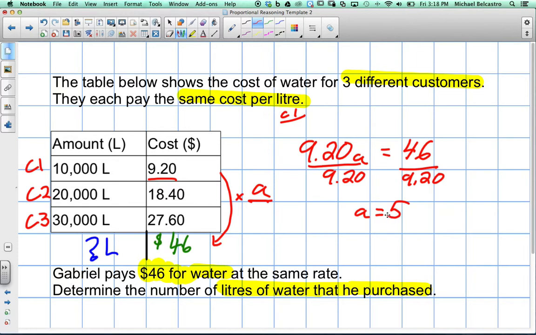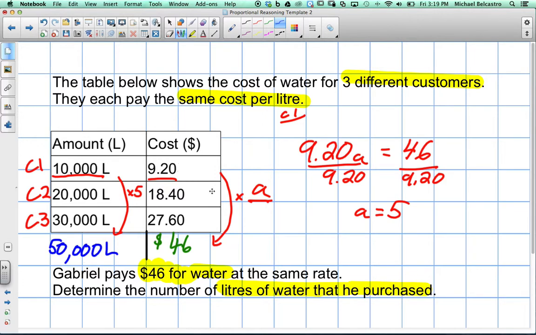So what that's telling us is if we take the amount of liters, okay, we'll do it in red, that customer 1 bought, that's the 10,000 liters, and we multiply it by the a value, which we just discovered is 5, we'll figure out how many liters Gabriel must have purchased, okay? So you might need a calculator, but this is actually a pretty straightforward calculation. 10,000 times 5 is the value of 50,000, okay? And that's it.